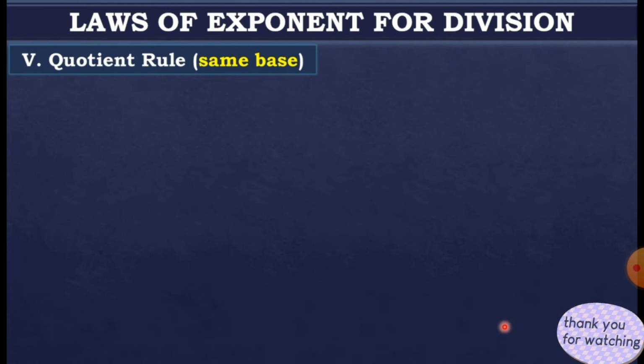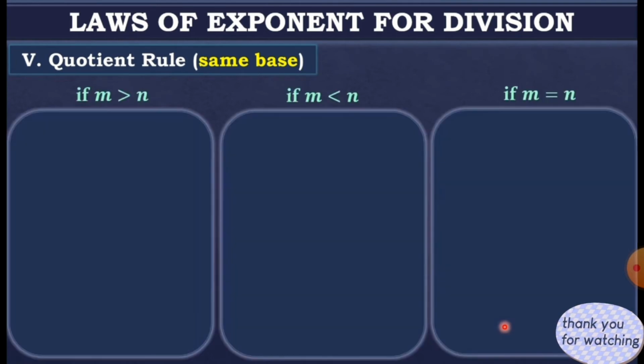Okay? So, yung product rule, when you multiply the expressions, yung the same base nila or the same variable, you just simply add. But for the quotient rule, we are going to subtract the exponent.